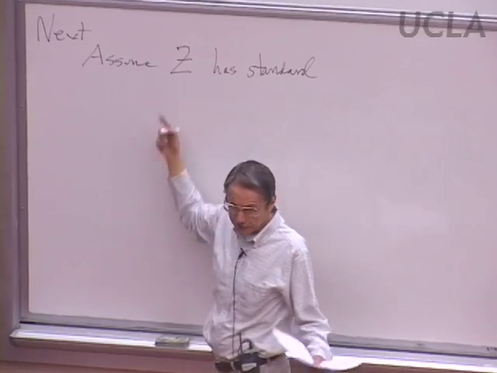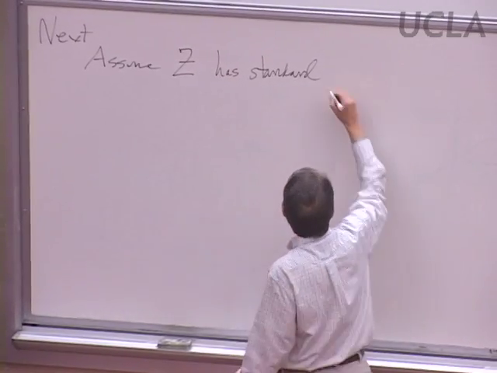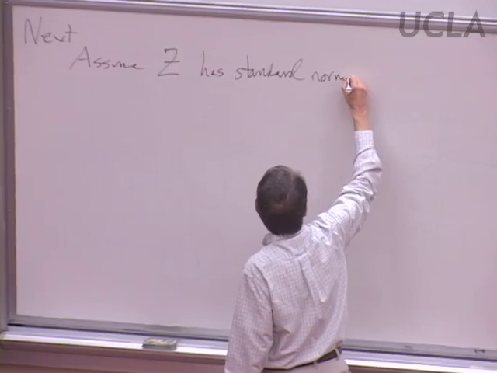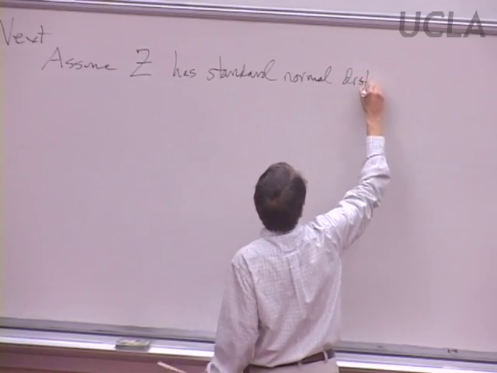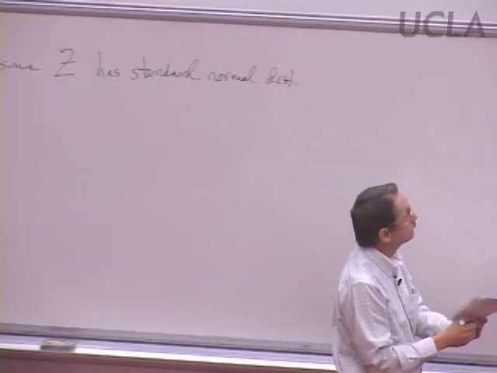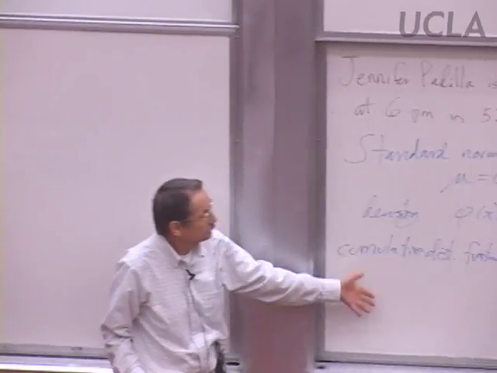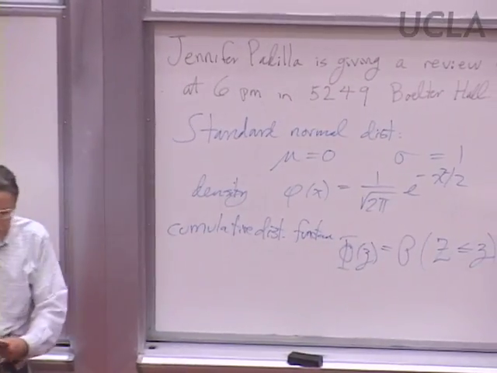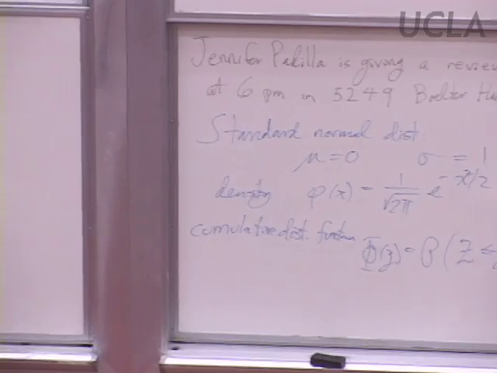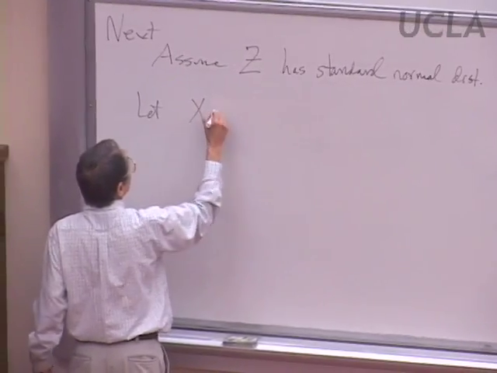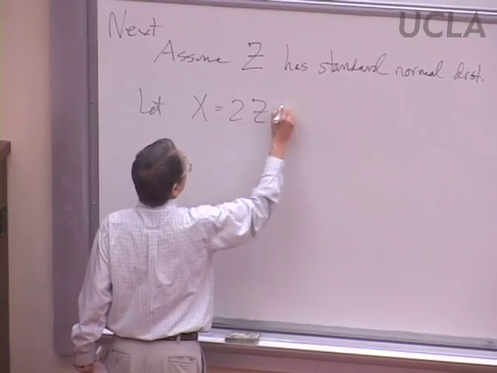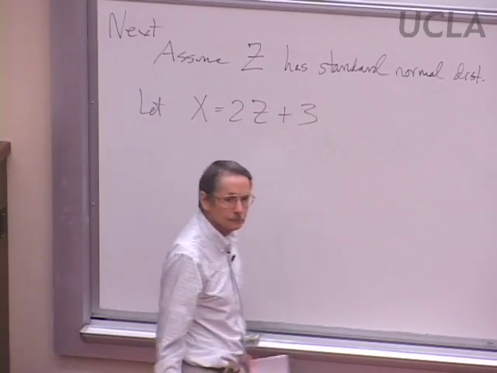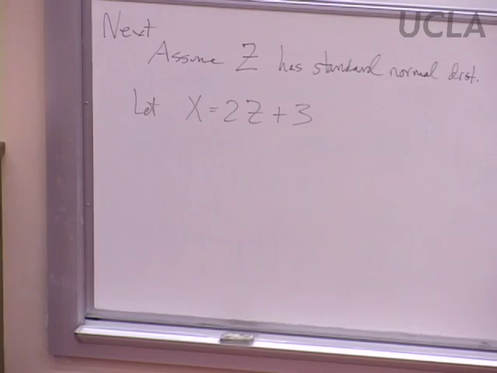So Z has mean 0 and standard deviation 1. And we know a lot about it. Now let's look at a different random variable. Call it X, equal to 2Z plus 3. Okay, it's a new random variable.